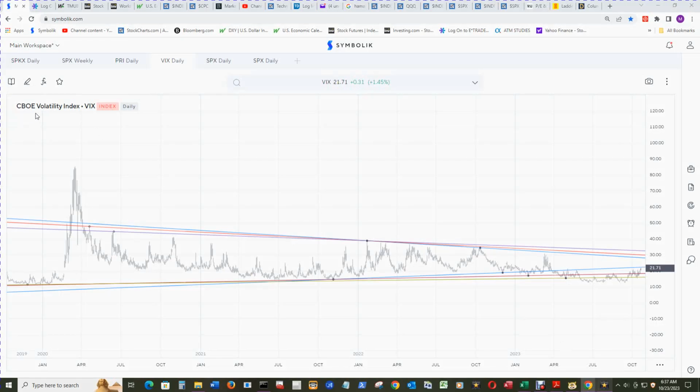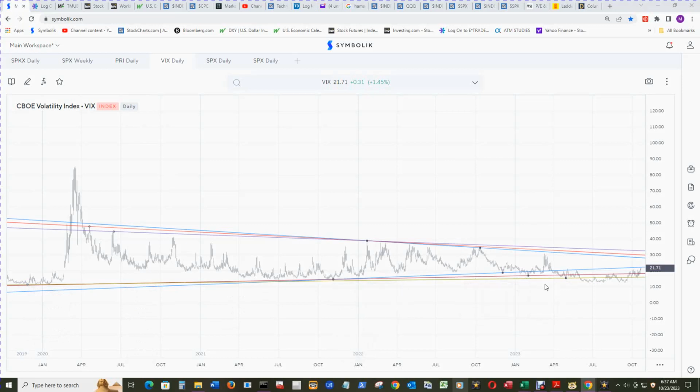And here's the CBOE volatility index, the VIX, on a daily chart. And I have downtrend lines and uptrend lines. The uptrend line here started back at the end of 2019, and you can see how I extended that out here.